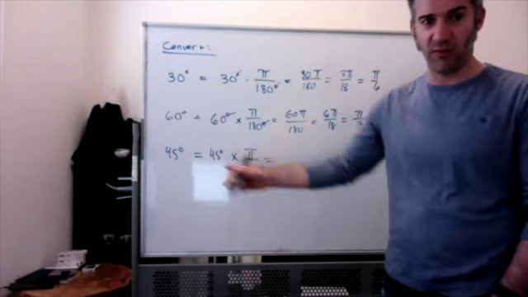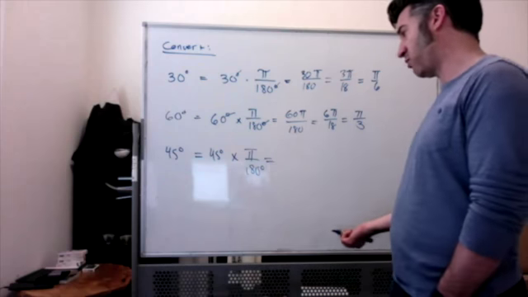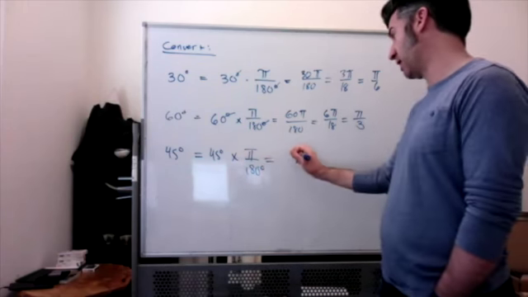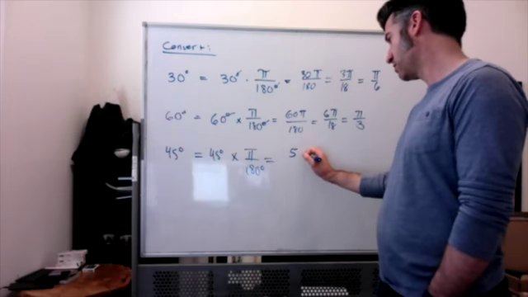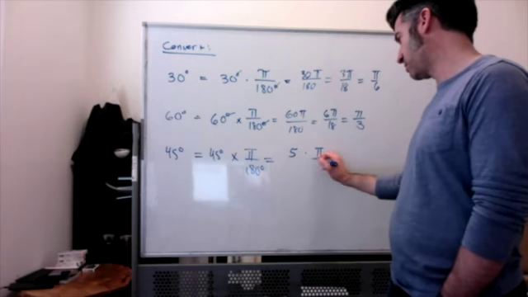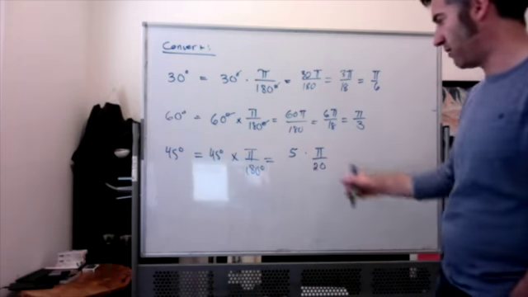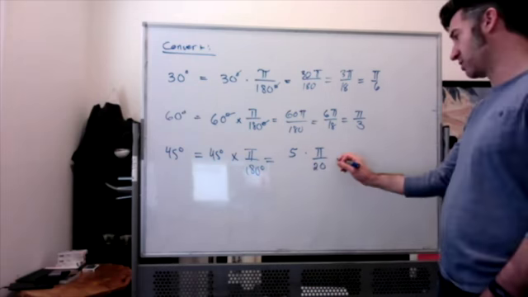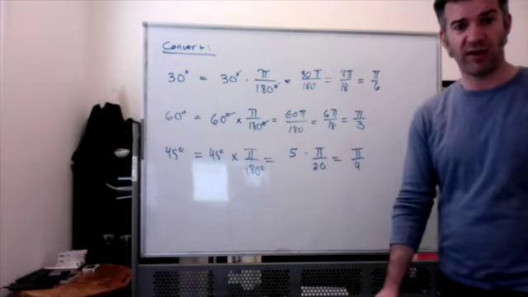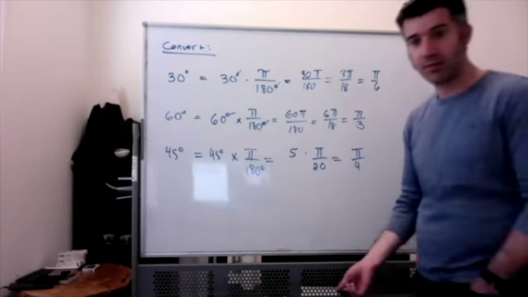I know 45 and 180 are both multiples of 9. So 45 divided by 9 is 5, and 180 divided by 9 is 20. So you get 5 times pi over 20. And then 5 and 20 reduce to 1 over 4. So this is going to be pi over 4. So 45 degrees is pi over 4 radians.